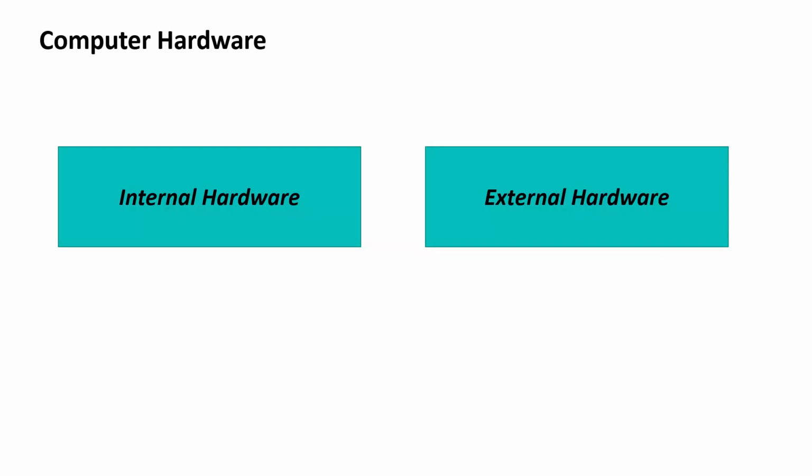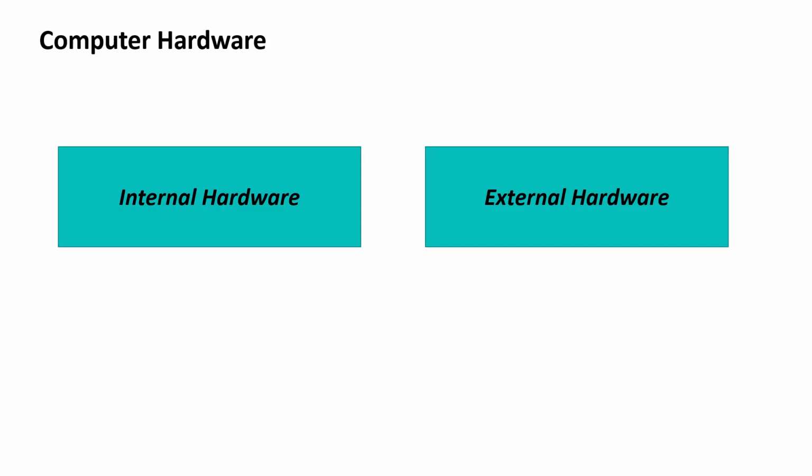Right. And then we have internal hardware and external hardware. Like I mentioned earlier, internal hardware means the hardware elements or components, the tangible elements, which are located internal to the computer and you can't see them externally. If you open up the computer you can see the internal hardware, otherwise you won't be able to see them because they are internal to the computer.